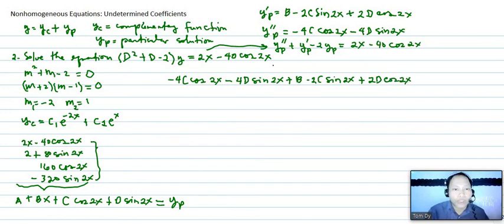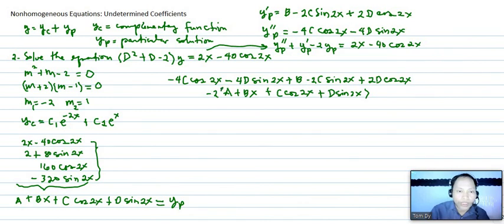Then we have negative 2 y sub p, where y sub p is a plus bx plus c cosine 2x plus d sine 2x.